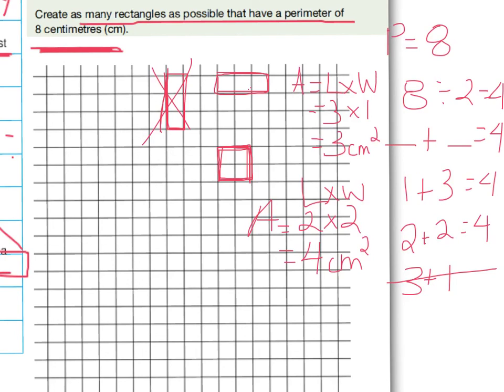And sometimes you'll notice your area and your perimeter are the same, and that's fine. Does this follow my generalization? Is my long, skinny one having a smaller area? Yes, it is. Is my more square-like one, or in fact square in this case, having a larger area? Yes, it does. So that can help us when we're doing some problem-solving questions and such.